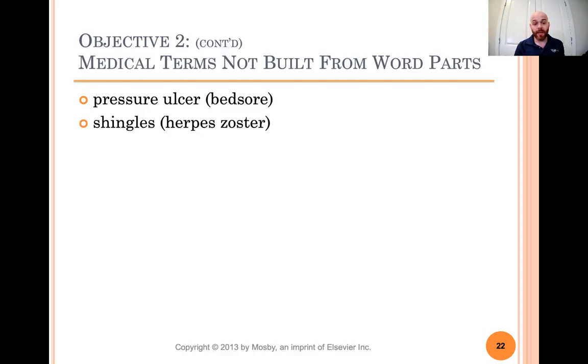The herpes virus will lay dormant in our body our whole life until we're either older, or we're immunocompromised, or we're in some period of prolonged anxiety and stress. When that happens, our immune system will not be quite at its peak. It'll actually be lowered a little bit, and this virus will become active again.